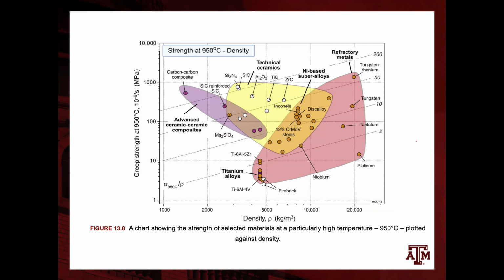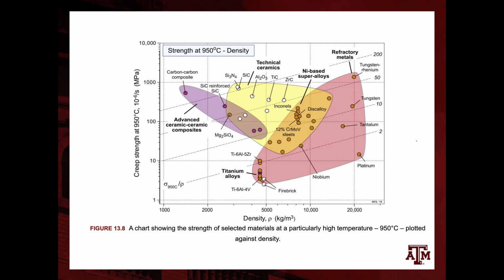The creep strength of almost all materials reduces as we increase the temperature, because creep happens at relatively high temperature, where the temperature is close to 40 or 50% of the melting point. Creep strength is how the material behaves under a constant static load, and that will reduce a lot at high temperature.